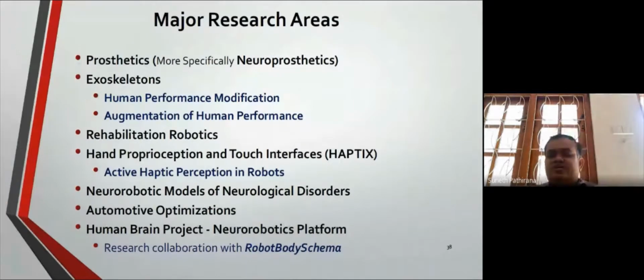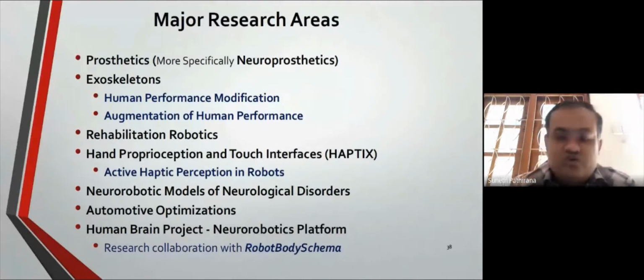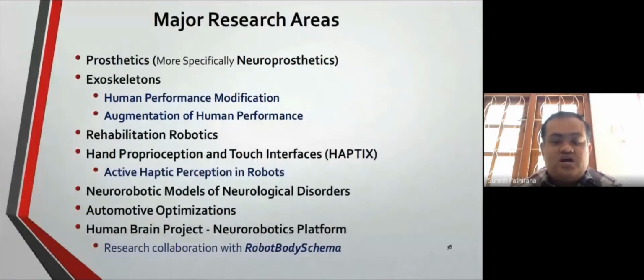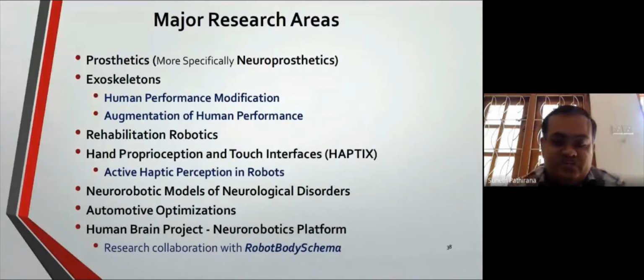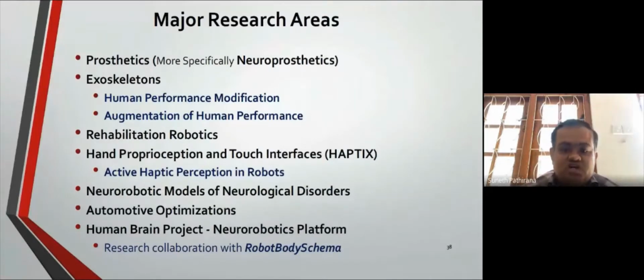And we can use neurorobotic models to understand how mental and physical disorders behave, and the connectivity or interdependence between some psychological disorders and physical disorders. Especially motor control, which means the hands and legs control mechanism.